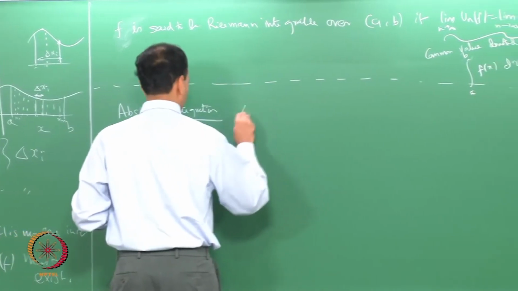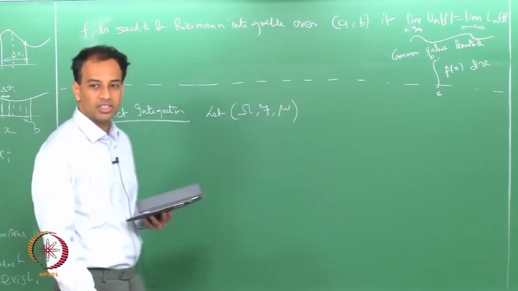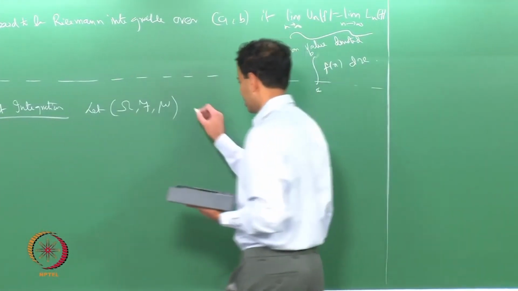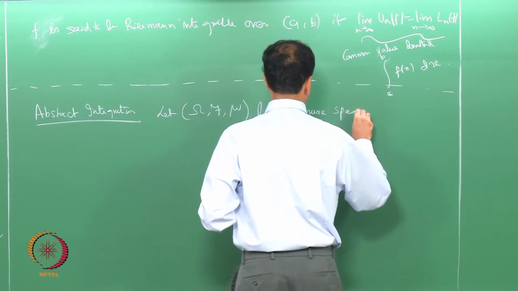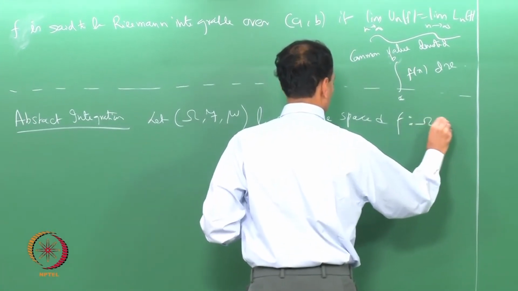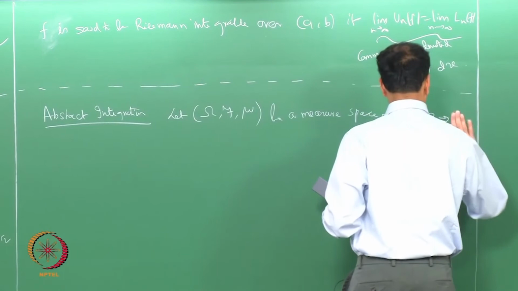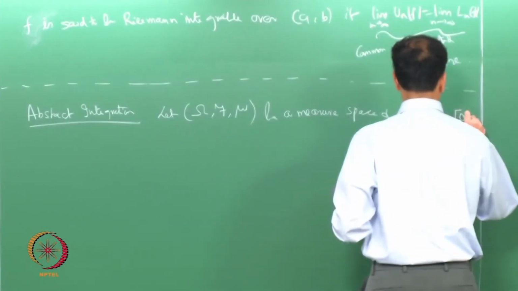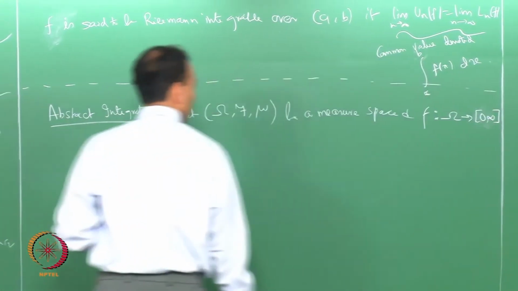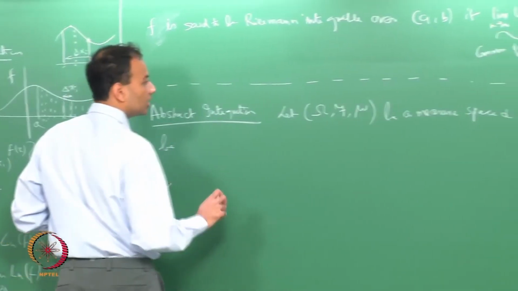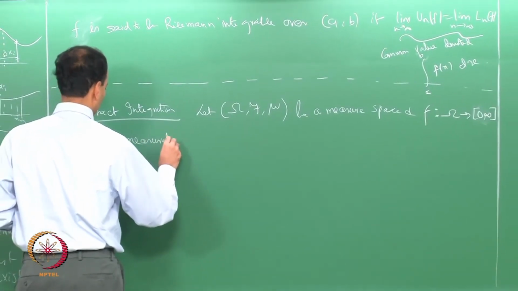Here let (omega, F, mu) be any measure space, not necessarily even a probability space, and f from omega to the real line, or actually I can have from omega to [0, infinity] included, be a measurable function.